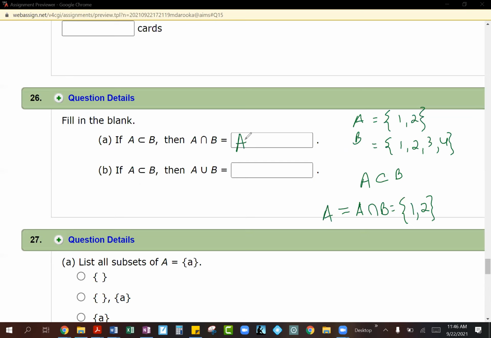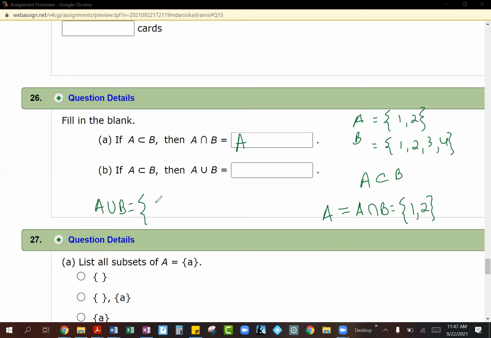So that's what you're putting in here, that the intersection between A and B is going to be set A. And then in that same way, if you think about the union between A and B, what will we end up getting over here?